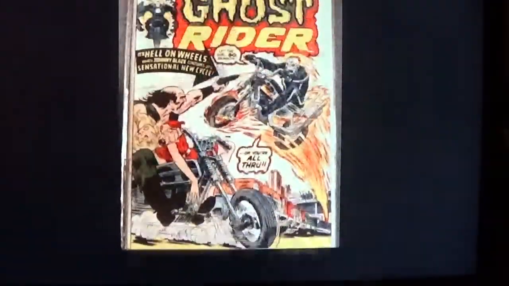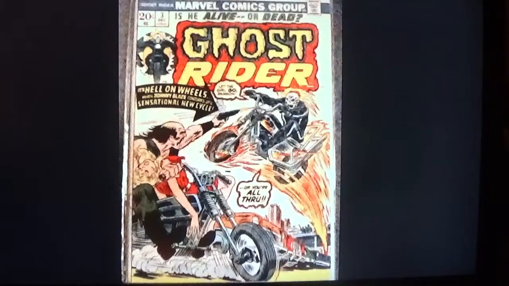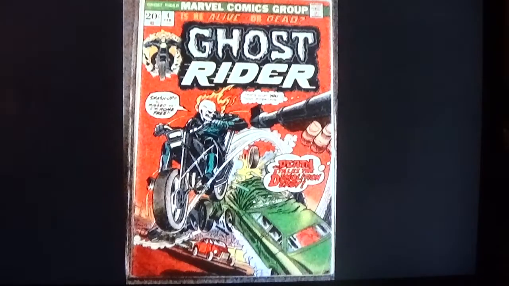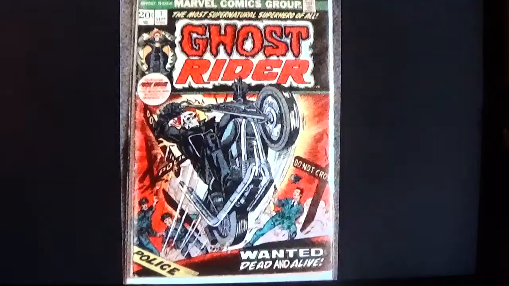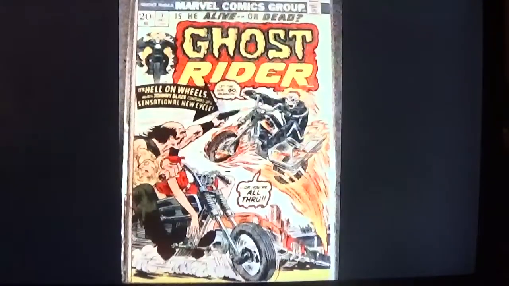So you see from the covers what their art style looks like, although some of the covers can be a little misleading. And basically, these issues are basically Johnny fighting the devil, or the devil's servants, or biker gangs, and cultists.